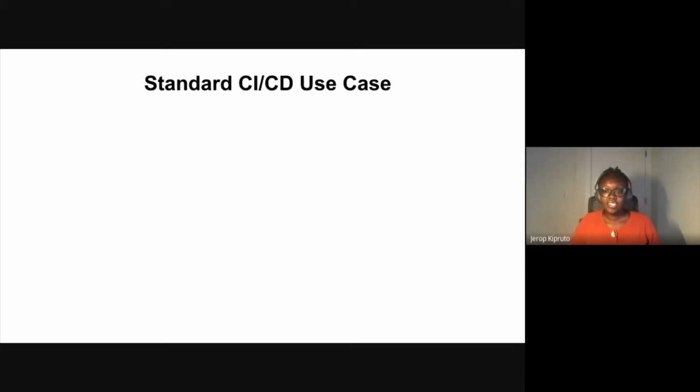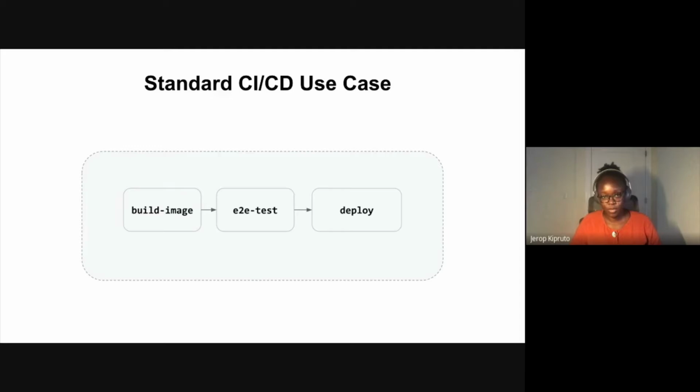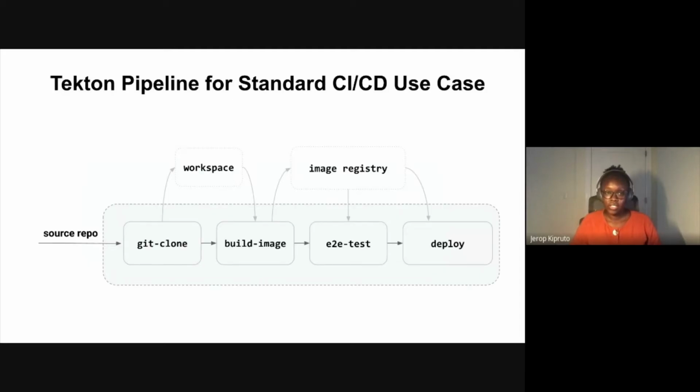A standard CI/CD use case usually involves building an image, then running end-to-end tests, and finally deploying that image. In Tekton, we have a task to clone a repository into a workspace, and the workspace is a persistent volume shared across all the tasks.